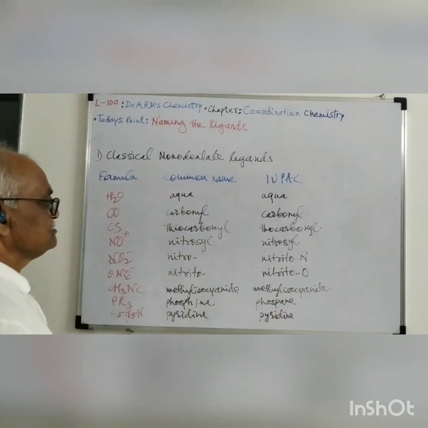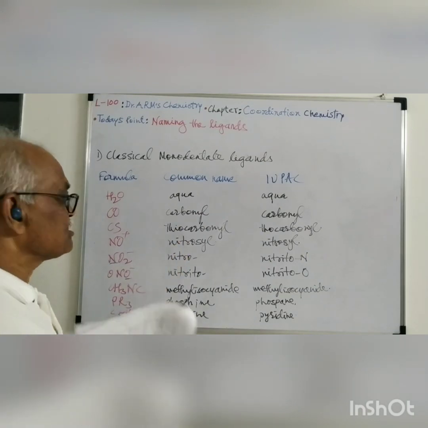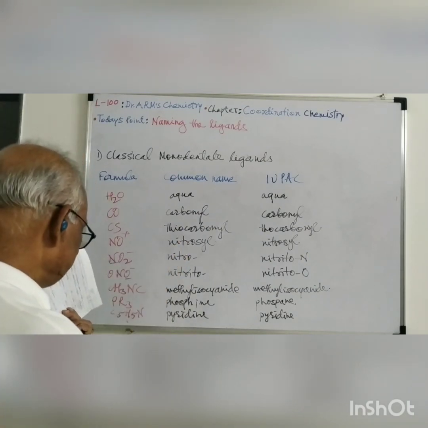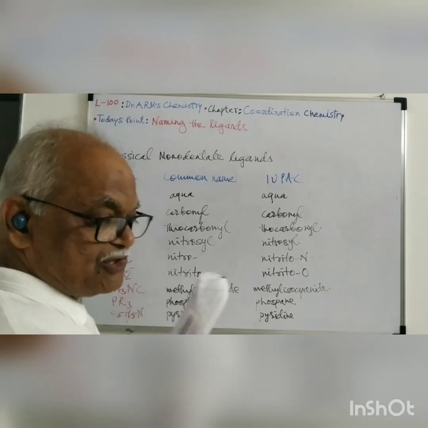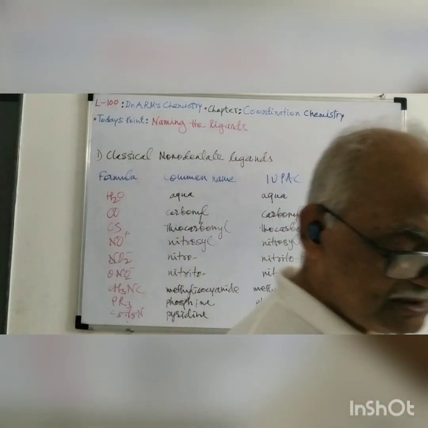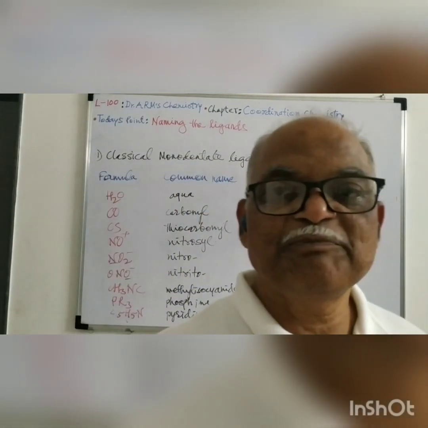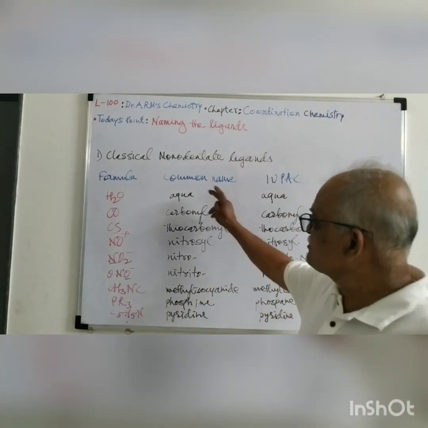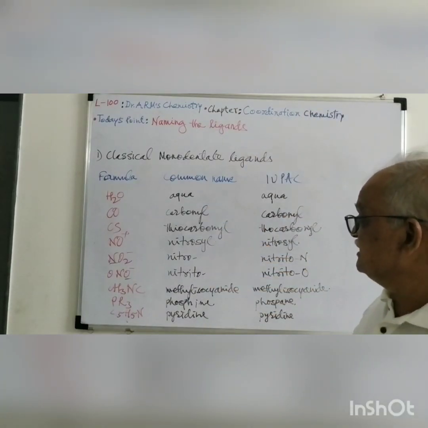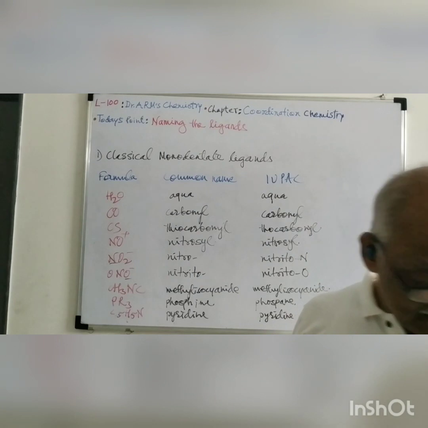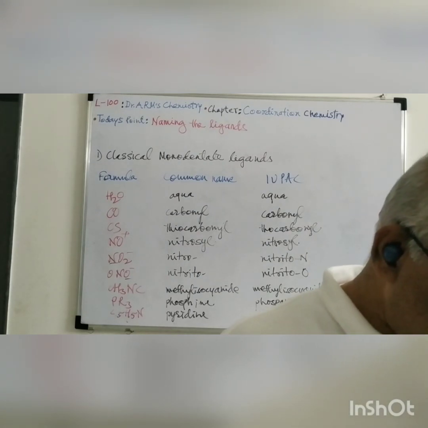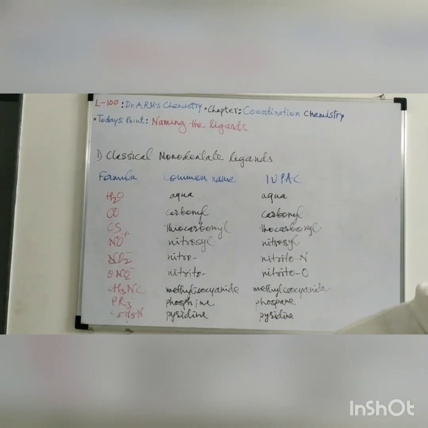So these are sometimes represented symbolically, but these are larger names. Pyridine is represented as PY, but other names are represented as they are. Sometimes they are shown as short forms.